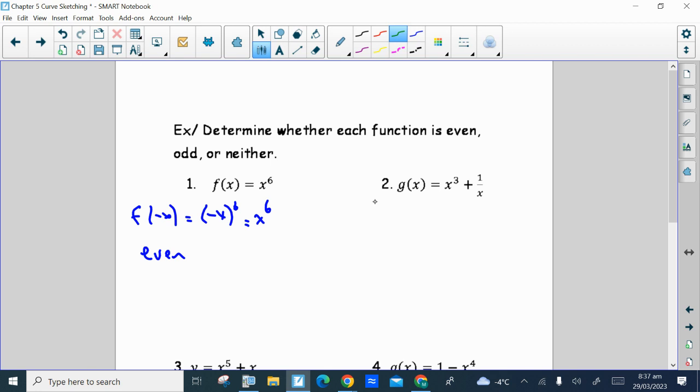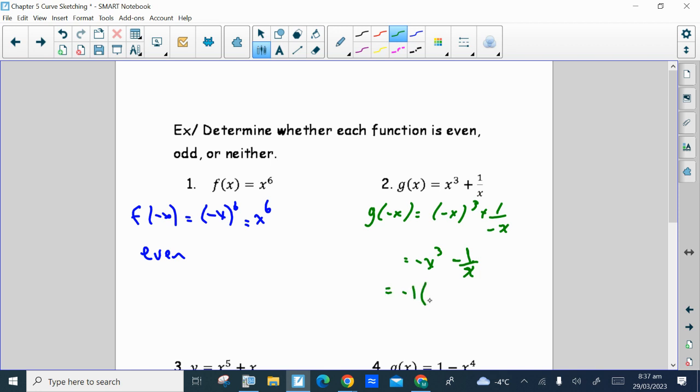But for question 2, to find out whether it's even or odd or neither, we replace x with negative x. And negative x all cubed is negative x cubed. And for the second term, when you divide a positive by a negative, you'll get a negative. So we can write it like this. And if you compare that to the original, it's not the same.